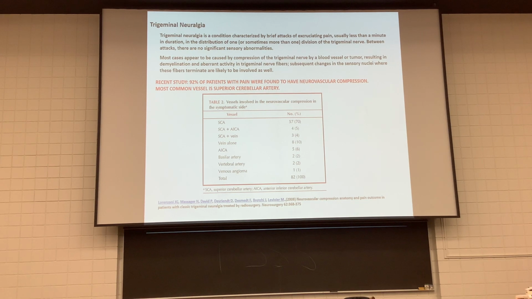And the pounding of the blood vessel is irritating these incoming axons. And guess which? The artery that's been found to be the biggest culprit is your superior cerebellar artery. Now you're thinking, wait, that's going to the cerebellum, how does that affect cranial nerve 5?